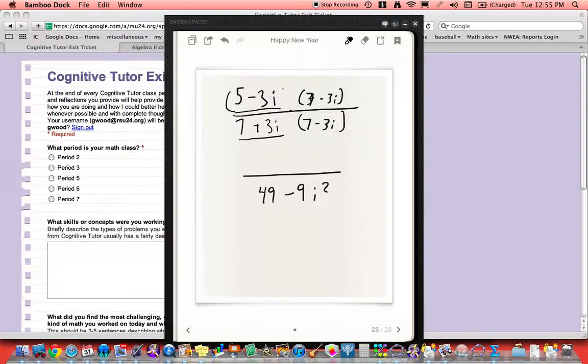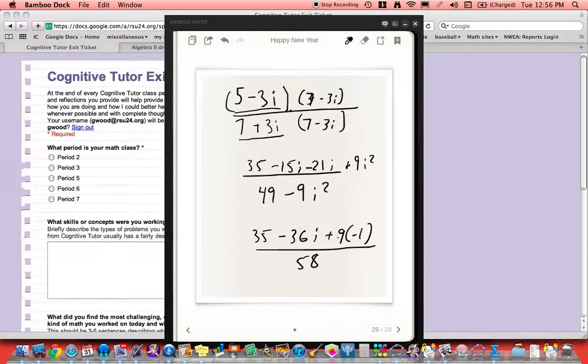The numerator FOILs out, just like any other pair of binomials, to 35 minus 15i minus 21i plus 9i squared. Negative 15i and negative 21i give me a negative 36i. 35 minus 36i plus 9i squared, which is 9 times negative 1. So the denominator is 49 plus 9, which is 58.